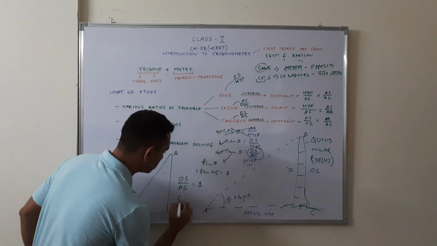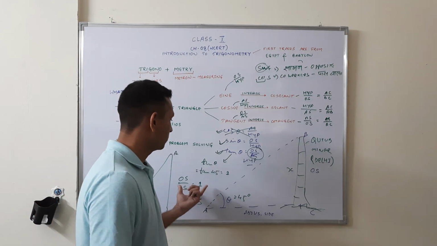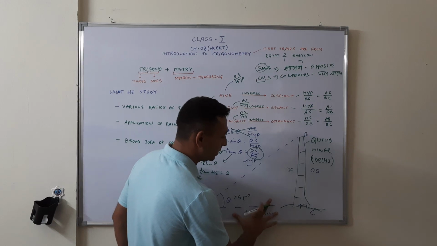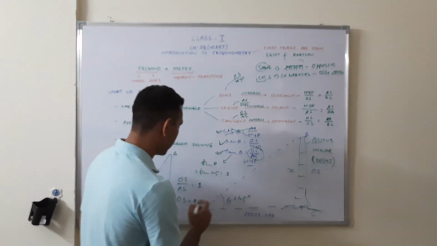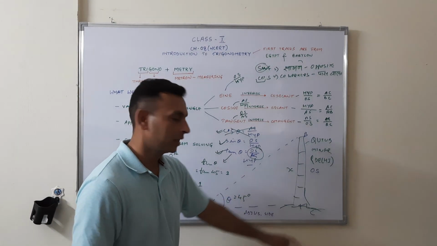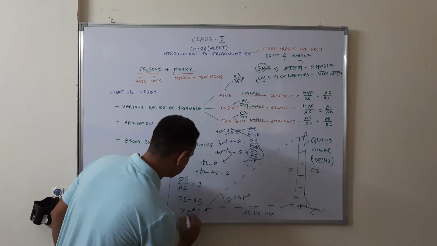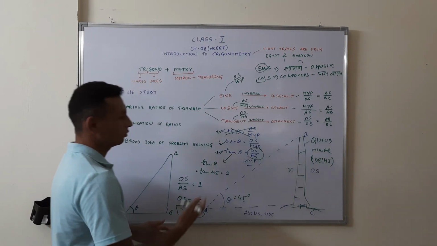It means opposite side equal to adjacent side. Okay. So whatever this side is, this side will be that much. Then your x will be nothing but the measurement of AC. Okay. So this is one of the practical applications.